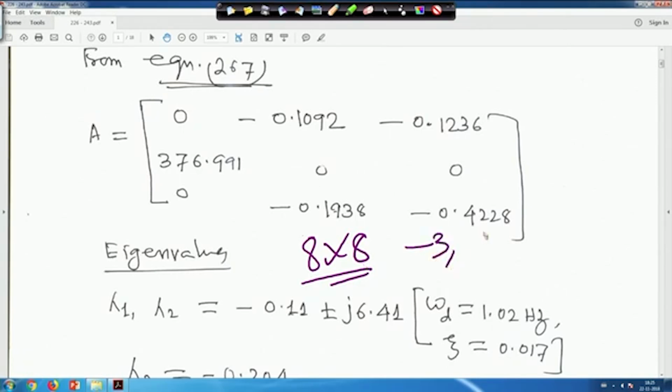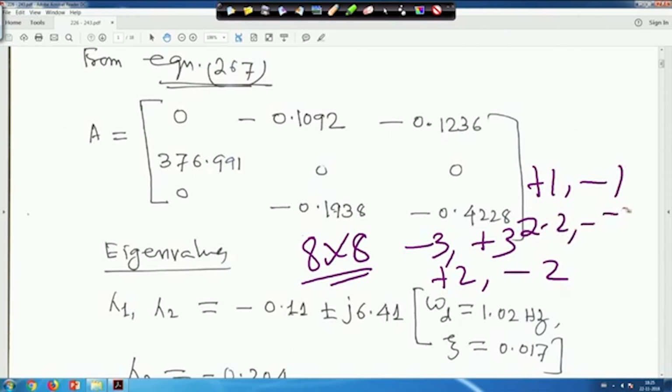If one is minus 3, another is plus 3. If one is plus 2, another is minus 2. If one is plus 1, another is minus 1. If one is 2.2, another is minus 2.2. This may happen due to some special characteristic of the matrix.